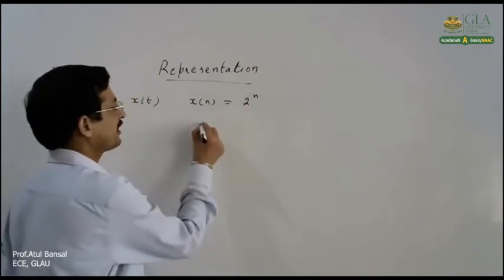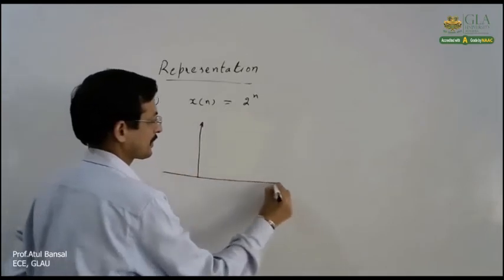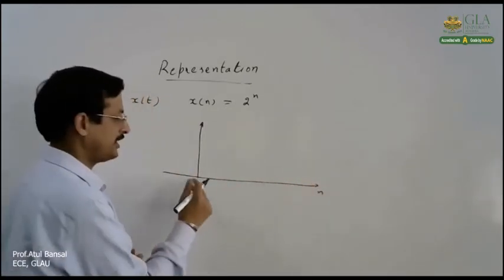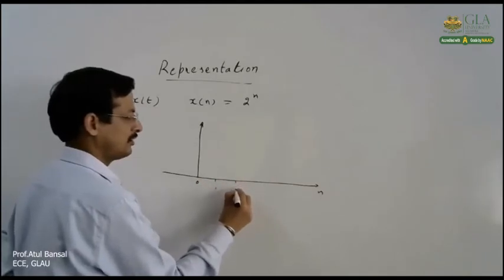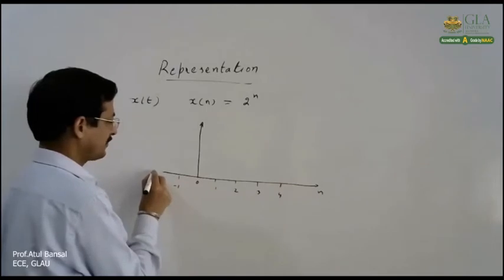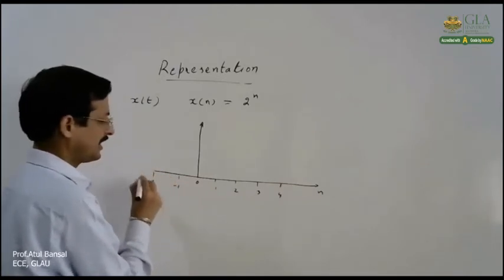Second is graphically. We can plot for different values of n equal to 0, 1, 2, 3, 4, or maybe minus 1, minus 2.